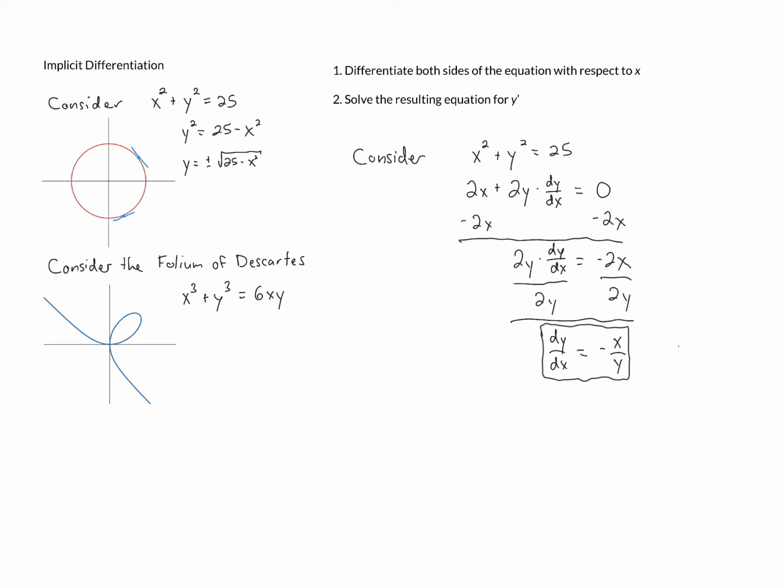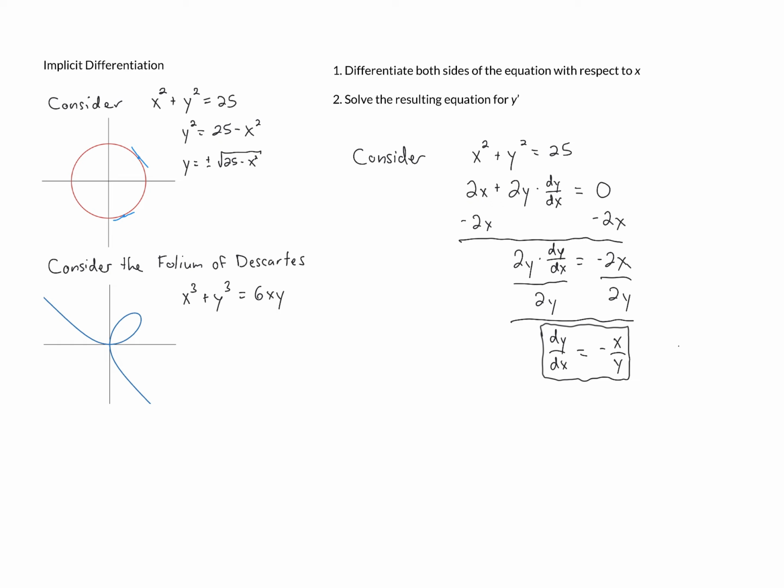Now, this looks just a little bit different from a derivative we've seen before, specifically because when we look at this derivative, it's not a function of x. This derivative has x and y in it. And the reason for that is because if we're looking at this circle and we want to know the slope of the tangent line, knowing the x-coordinate isn't enough because there are oftentimes 2 points with the same x-coordinate, and those points have different tangent lines with different slopes.